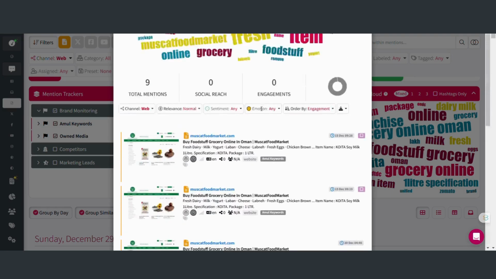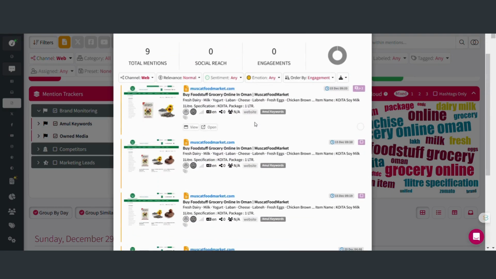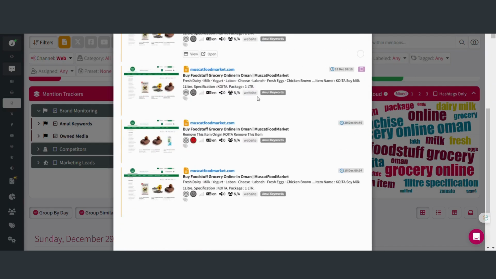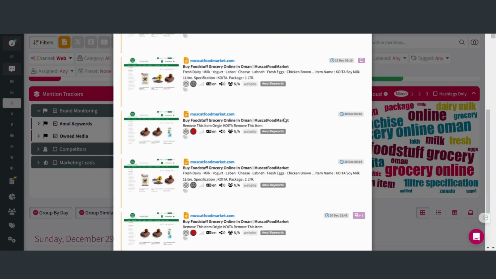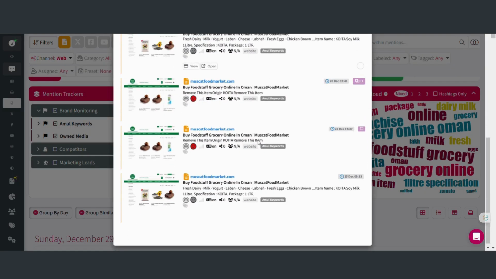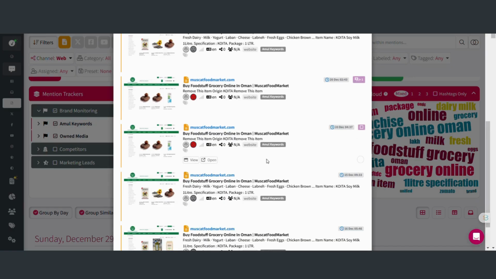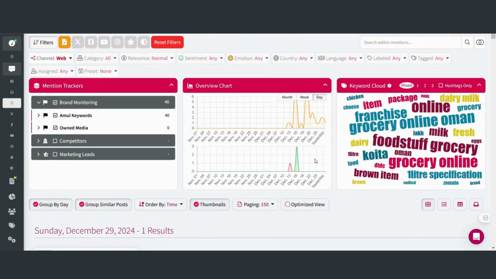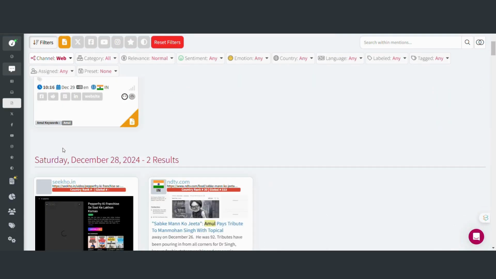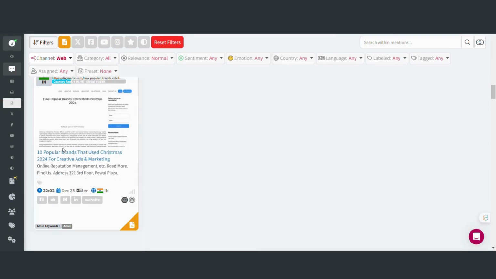This is a more thorough analysis of which keywords have been mentioned and where, with the sentiment attached and the date as well. So that's it with the web mentions tab.